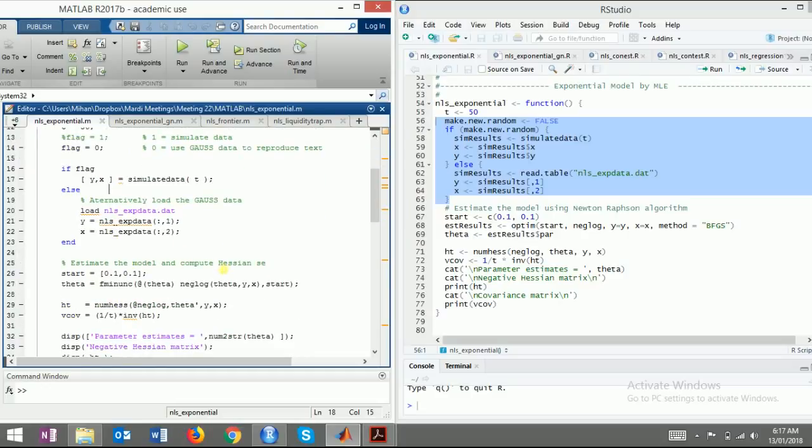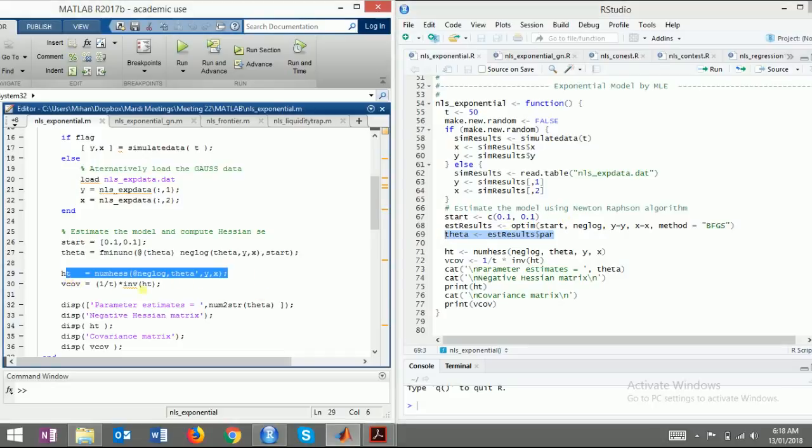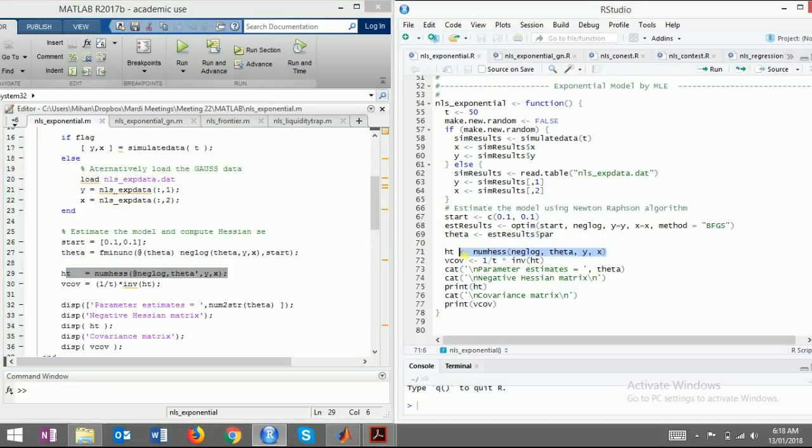Alternatively, this is to estimate the model. So start c, 0.1, these are given to us. Theta, neg log theta yx start. Optimization, this is par, which is the start, which will be replaced. Neg log y equals y, x equals x, method Newton-Raphson. Theta is replaced by par. Hessian is numeric Hessian neg log theta transpose yx, neg log theta yx, very simple.